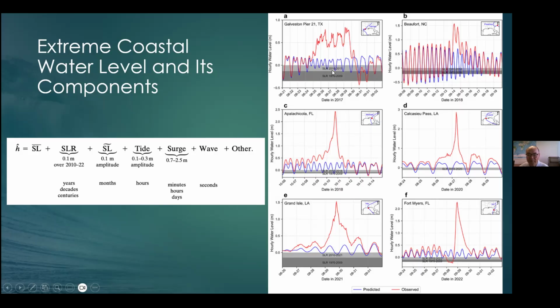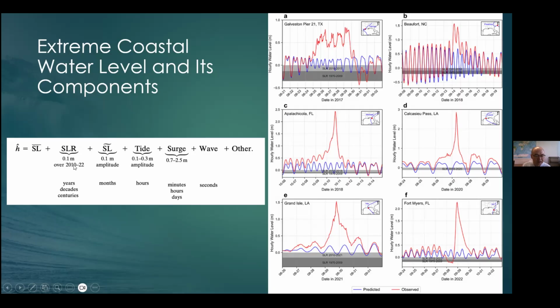So two periods of sea level rise. So the extreme water level during the hurricane landfall can be decomposed into a sea level rise component and the seasonal cycle, and also high tides, right? And the storm surge. So this basically compares the relative magnitude of these terms.